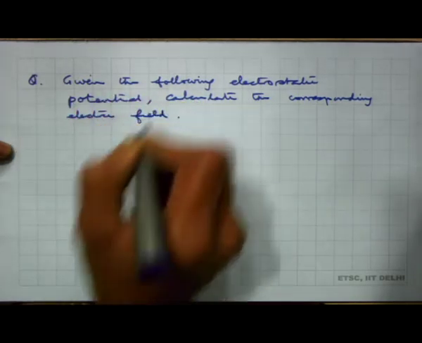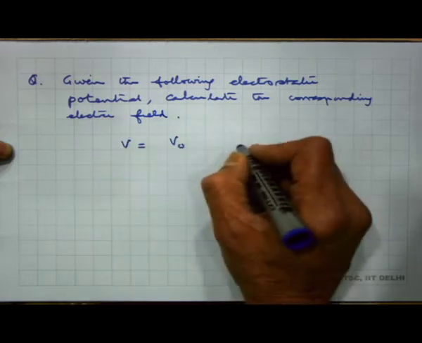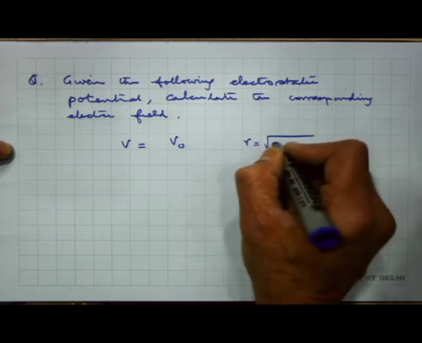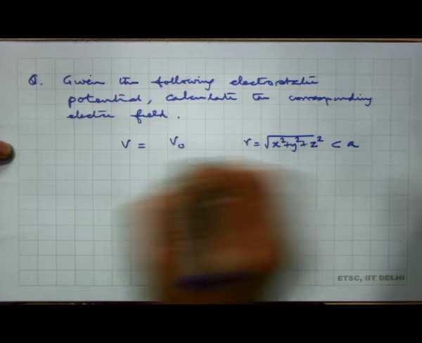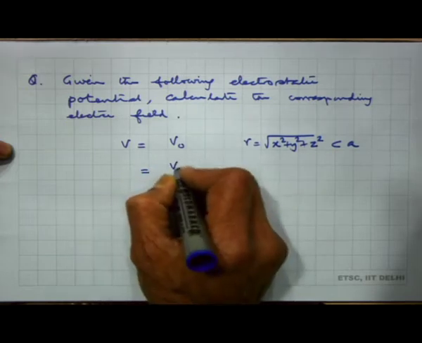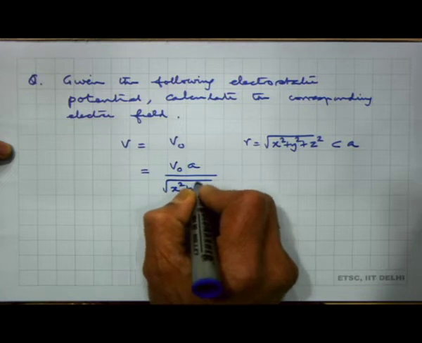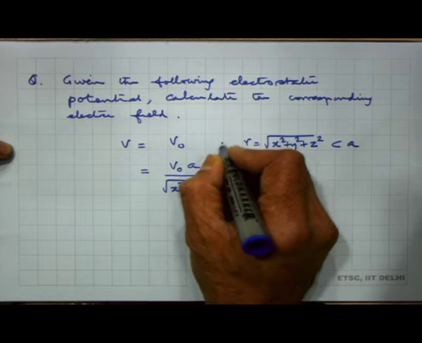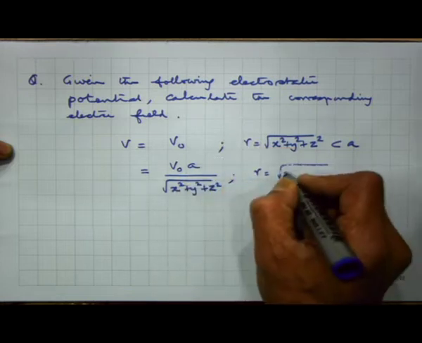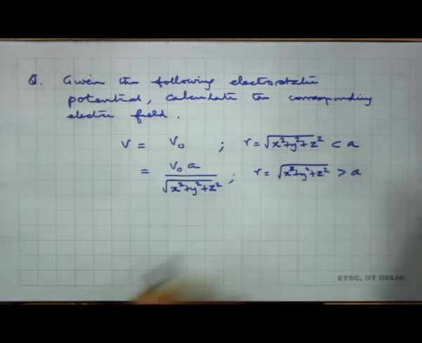So, potential is V equal to V naught for r equal to square root of x square plus y square plus z square less than a, and equal to V naught a by square root of x square plus y square plus z square for r greater than a.